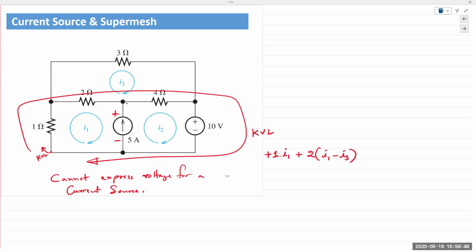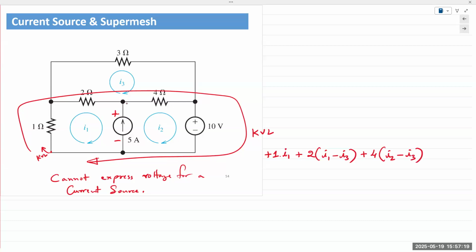Again, this one is the first resistor. I'm starting at the bottom left corner right here. So bottom left corner, 1 ohm times I1, the mesh current I1. Then the 2 ohm resistor, 2 ohm is shared between I1 and I3, so it's I1 minus I3. And then I get to 4, and 4 is I2 minus I3.